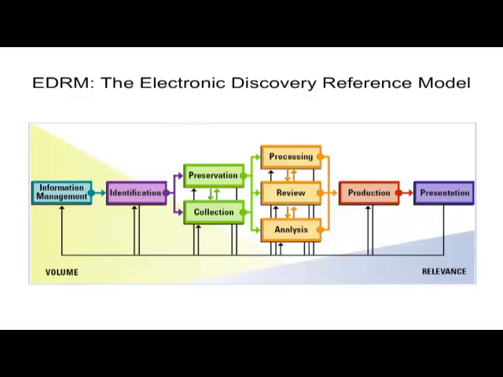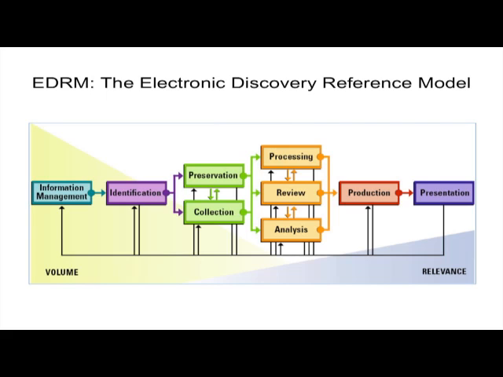Now, as you move from the information management side on the far left, which is generally what I call behind the firewall of a company, you then go into the next step, which is the identification of data. Sometimes the identification is pre-litigation, so that a company that's taking proactive steps to understand where their data lives and understands that they will be sued eventually, or they will need access to this data, they go through a process of identifying where the data lives.